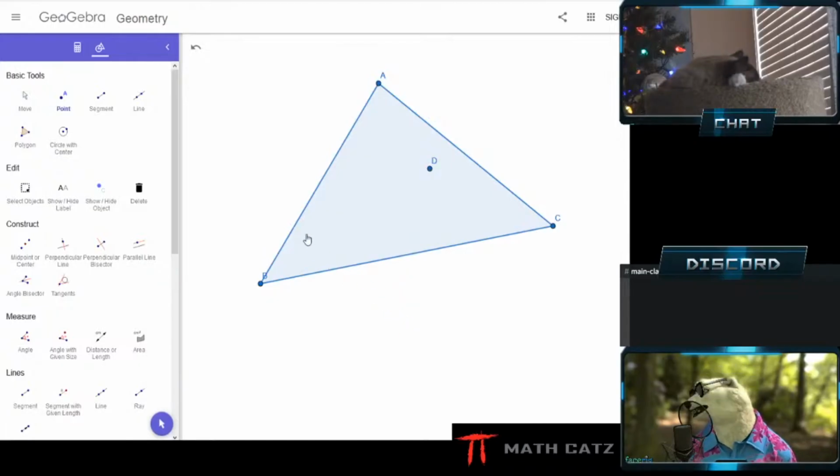I'm going to pick a scale factor. I'll write it down in the chat. We're going to pick a K. Well, let's make it smaller. Let's say 0.6. There we go.